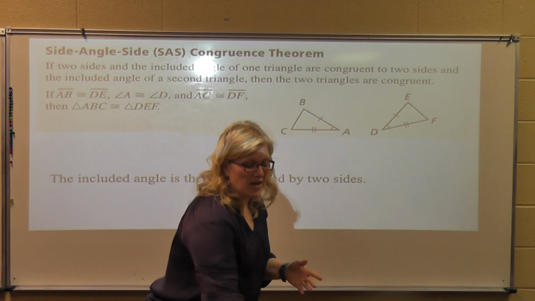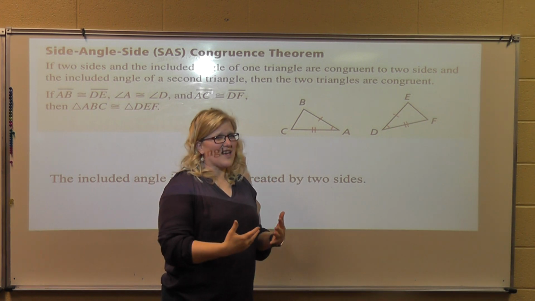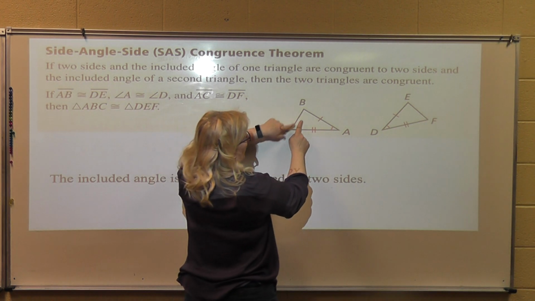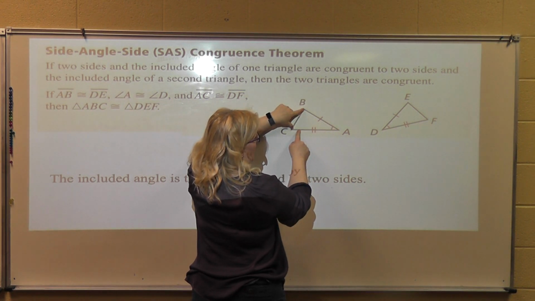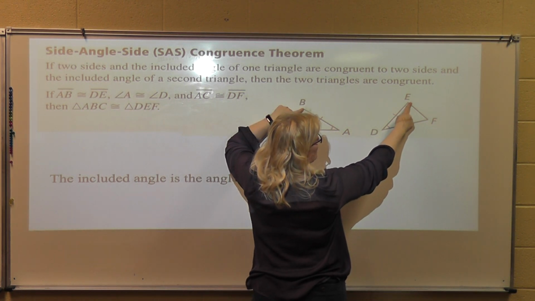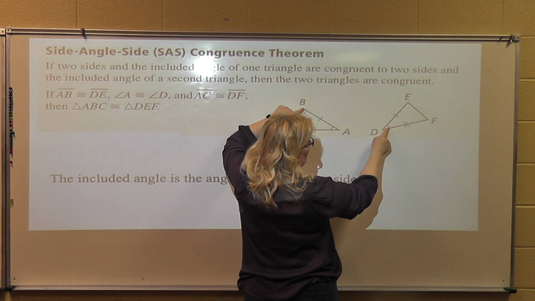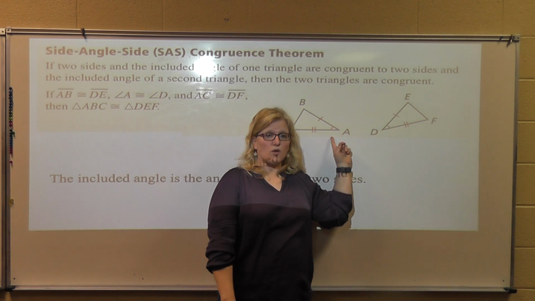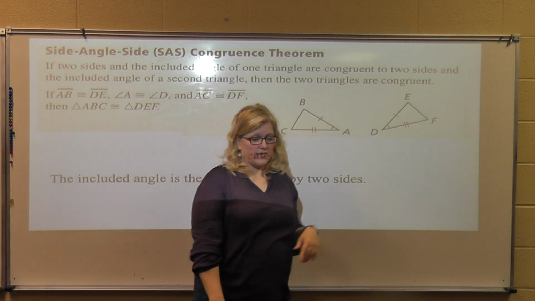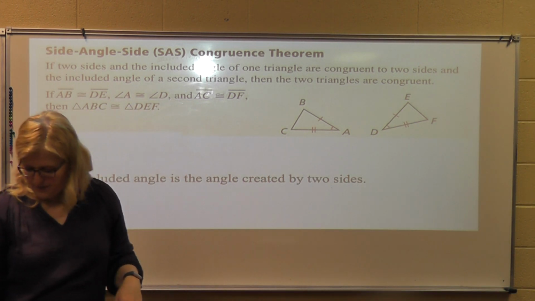Looking at pictures of the triangles really makes it easier. If I've got a side, an angle, and a side, and they're congruent to the same side, angle, and side, then we know that the two triangles are congruent. That is the side, angle, side.